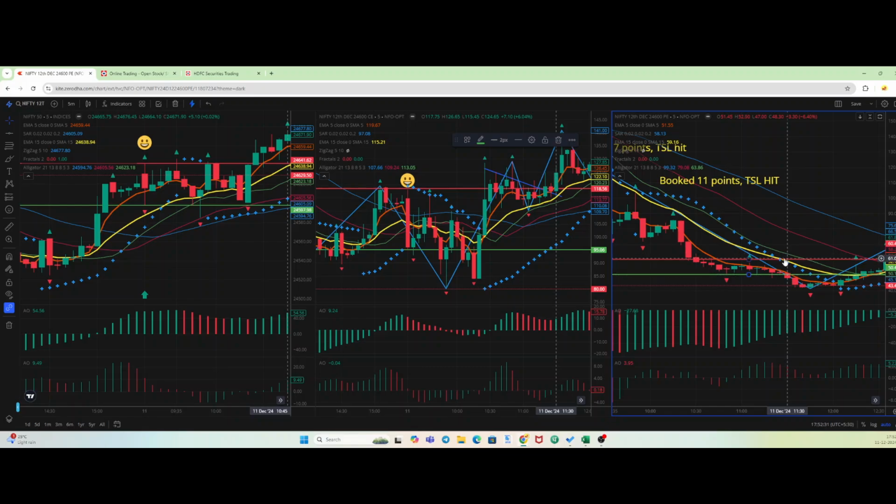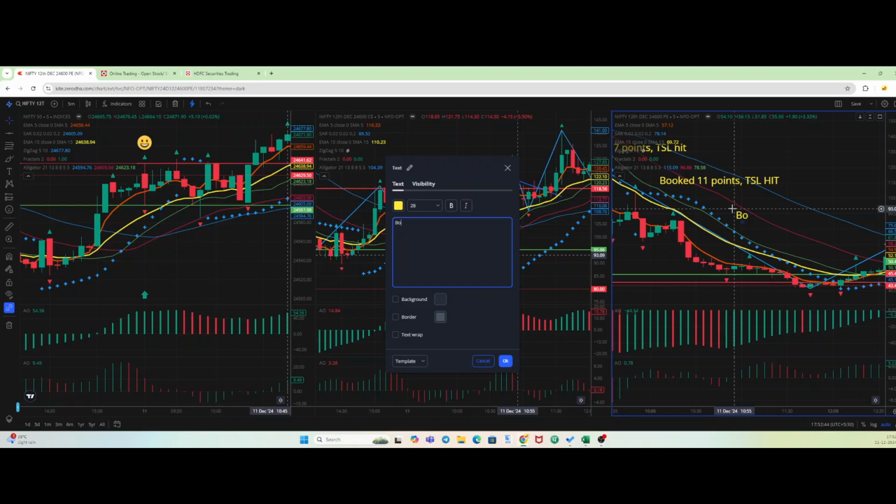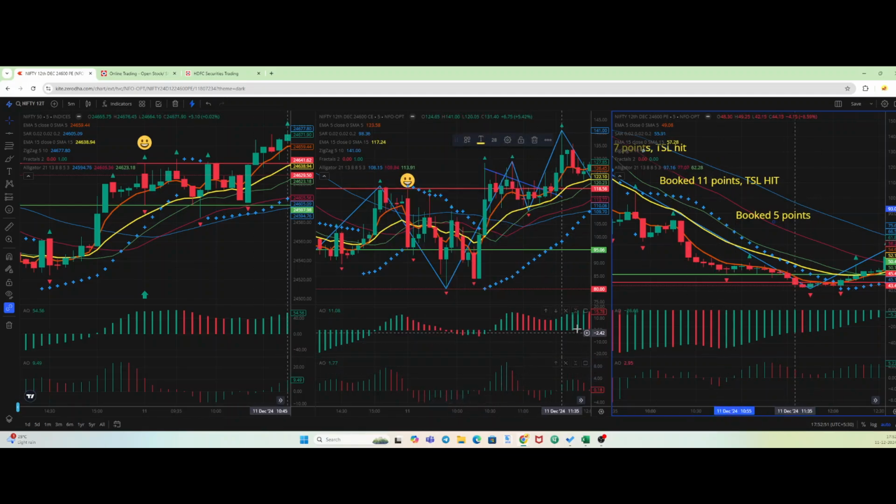Then immediately we are trailing, and up to here we are trailing. So 45 means here one more 5 points we could get. Okay. Now if you see, it is getting a reversal at 11:40.